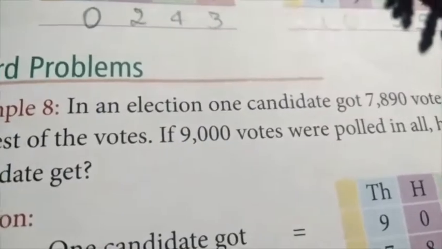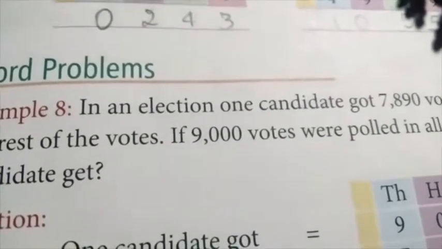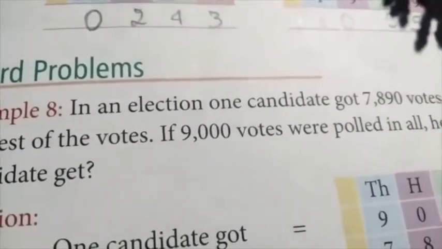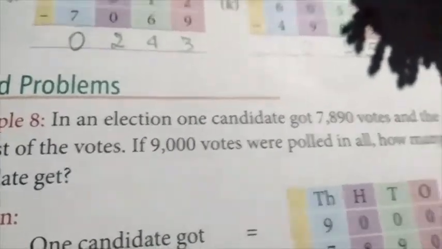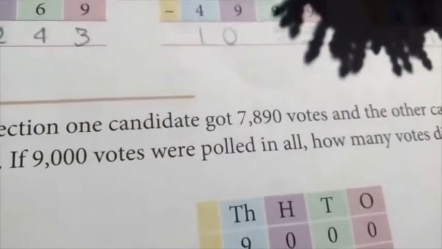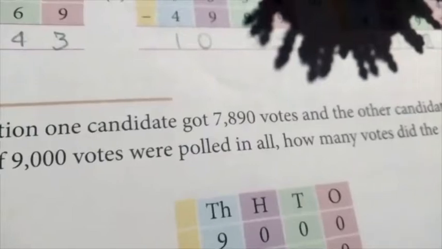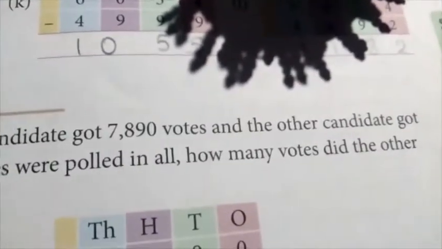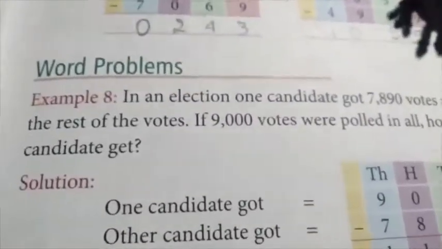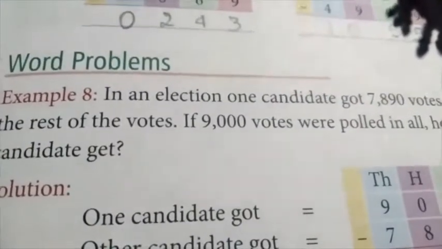So let us start. The question says, in an election, one candidate got 7,890 votes and the other candidate got the rest of the votes.